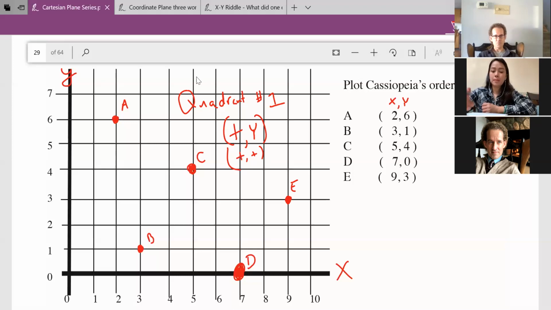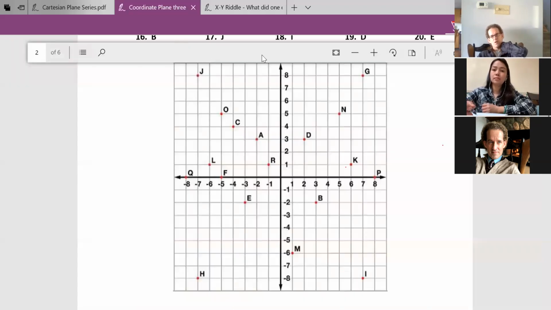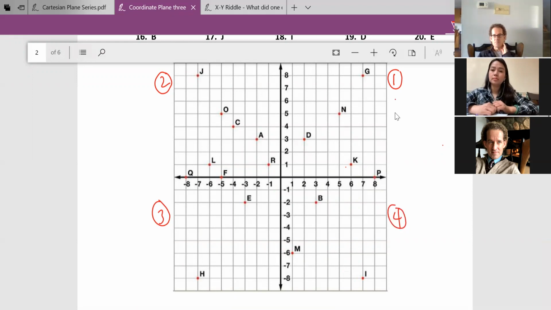All right, now this next one, you're going to have some samples where you have quadrant 2 and 3 and 4. So this, again, is quadrant 1. This is quadrant 2. This is quadrant 3 down here. And this would be quadrant 4. So in quadrant 1, everything is positive, positive.